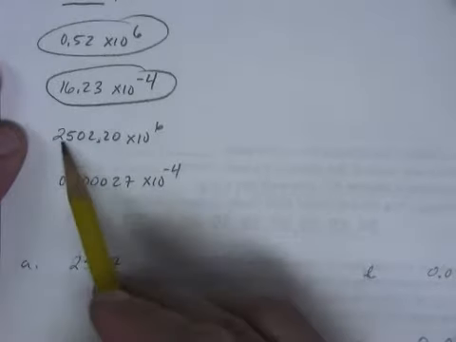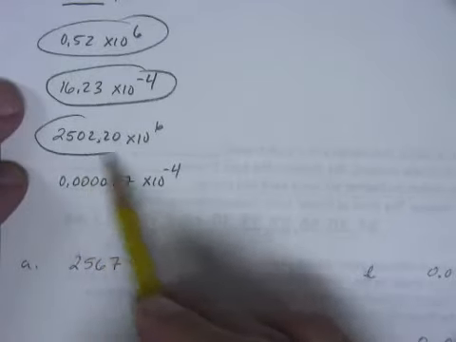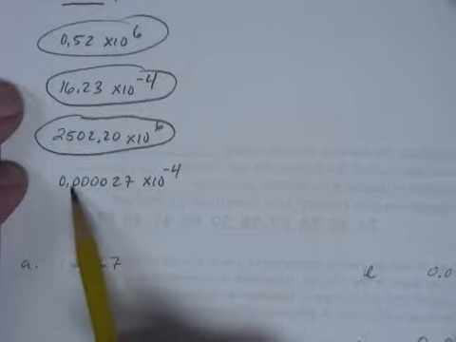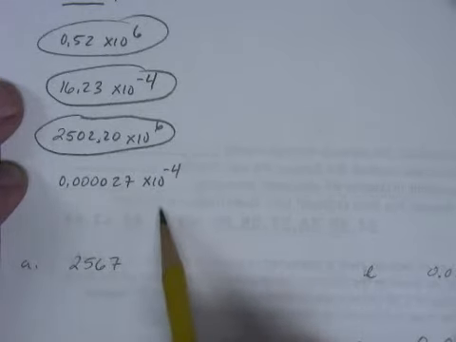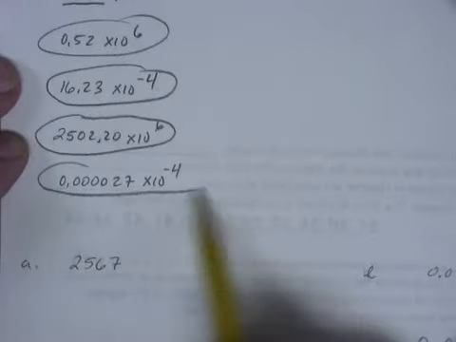Here's the next one, 2,502.2. That number is obviously greater than 10, so it is not in proper scientific notation. Here's the next one, 0.00027 times 10 to the negative fourth. That's obviously smaller than 1, so it's not in proper scientific notation.